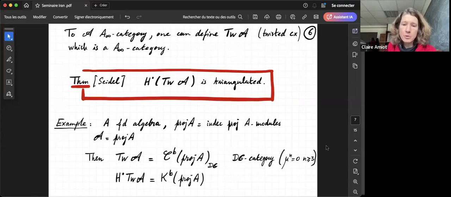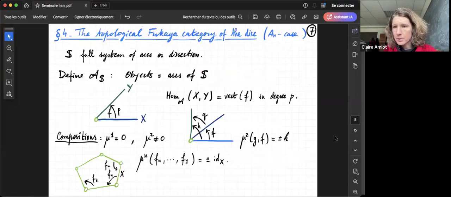Okay, so now I come back to my disk. Can I come back to my disk? Yeah. Okay, so now we'll define the topological Fukaya category of the disk. We start with a full system of arcs, or maybe a dissection, on this disk. And now I define an A infinity category. My A infinity category is very small here because it's finite. I have my objects, they are the arcs of S, and that's it.